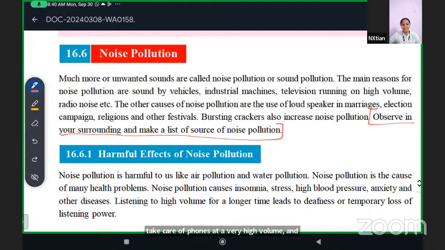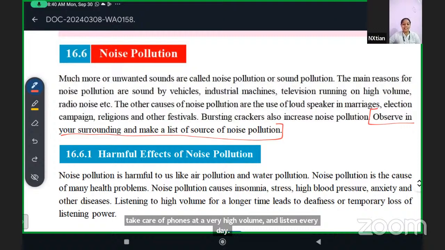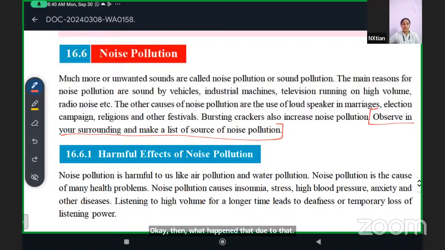Okay, then what happened? Due to listening to a lot of music on high volume directly in her ear through the earphones, she started hearing only high sounds. The low decibel sounds, she was not able to hear.